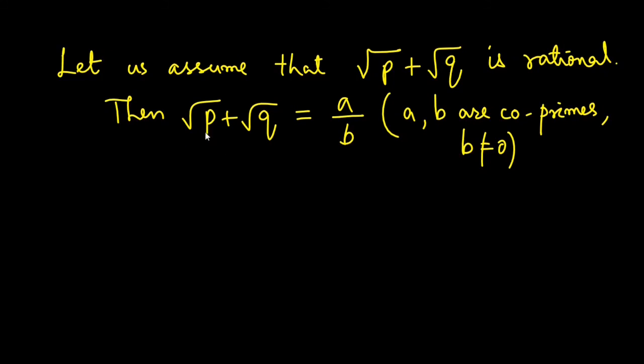Take either root p or root q to the other side. The root p is equal to a by b minus root q.